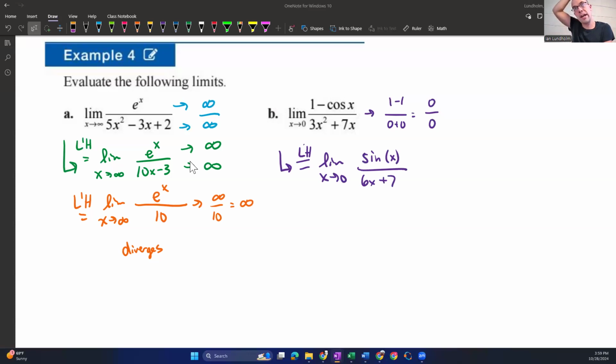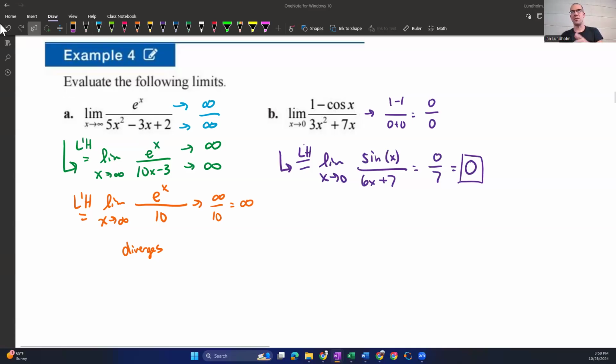And if we plug in 0 everywhere we see x, we would get 0 over 7. And so the answer is 0. So this is completely fine. You're able to go to a 0 y value.